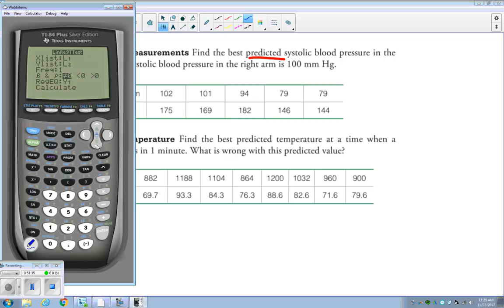Cursor down, I'm going to hit calculate and hit enter. And now it's going to give me all these numbers back. Again, there's my t, there's my p-value, degrees of freedom. These are things I don't really need. What I need to know is that A, again, A is what?